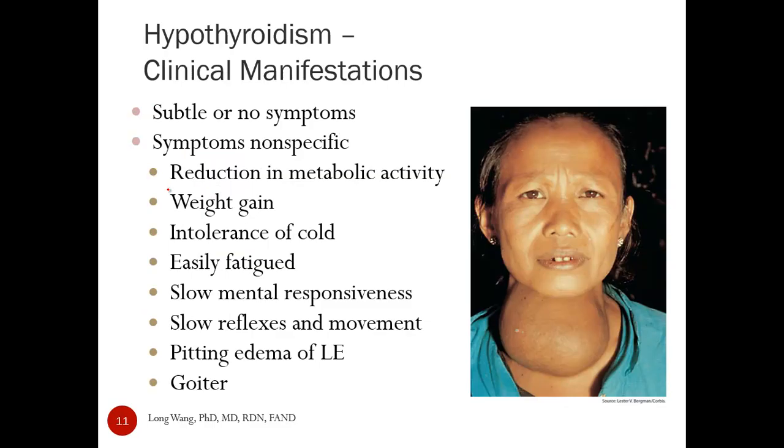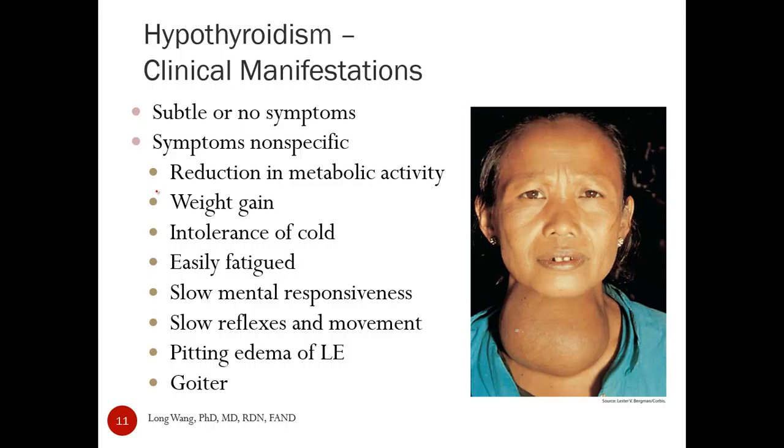So what are the signs and symptoms? Some people may not have any obvious signs or symptoms, and some may have symptoms, but they are not specific for the most part.